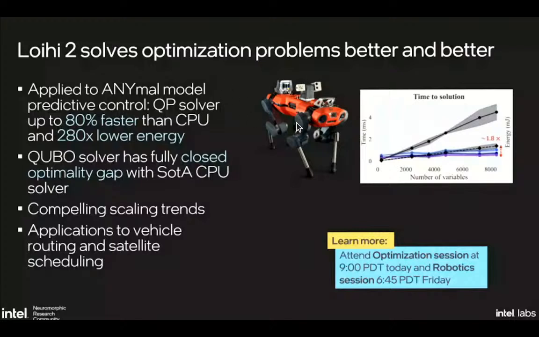One particular problem, it doesn't matter what it is, some little robot here, they achieved about 80% faster compared to current level server CPUs, and much lower energy, about 300 times lower.